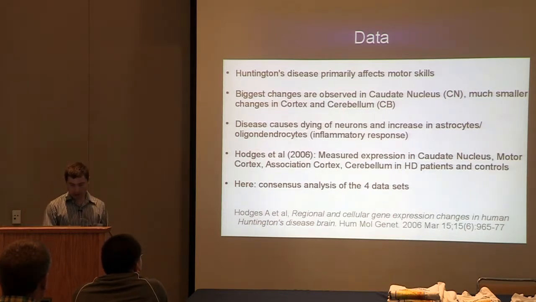And so here we want to do a consensus analysis of the 4 data sets that Hodges et al. measured, namely the caudate nucleus, the motor cortex, association cortex, and cerebellum.